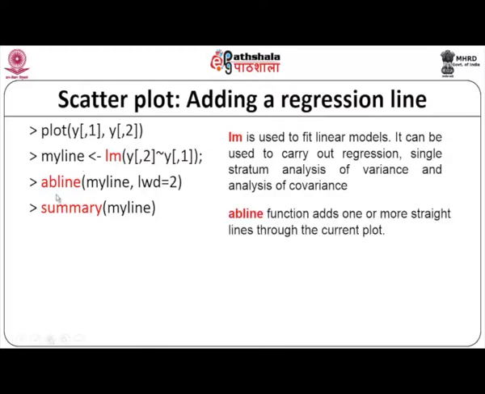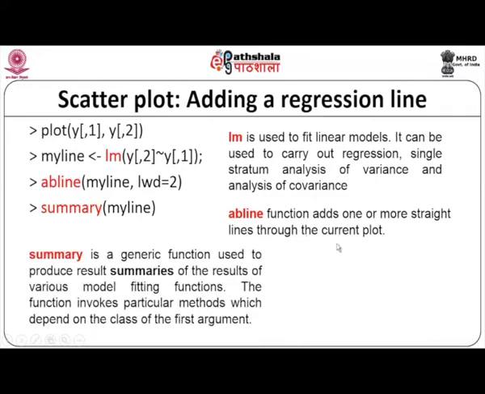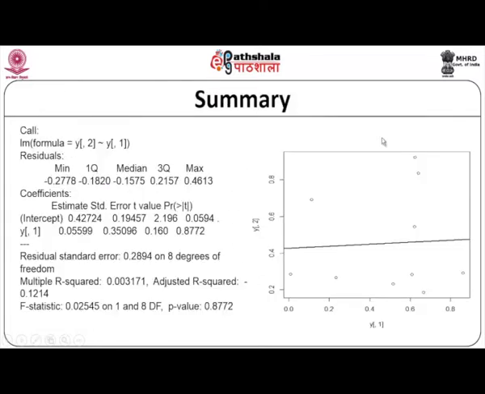The ABline method, as mentioned earlier, is used for adding one or more straight lines to the current plot, and finally the summary is going to generate the summary statistics of the resulting model, which has been generated based on the LM method, that is the linear model. So, the output of these lines of code will look like this.